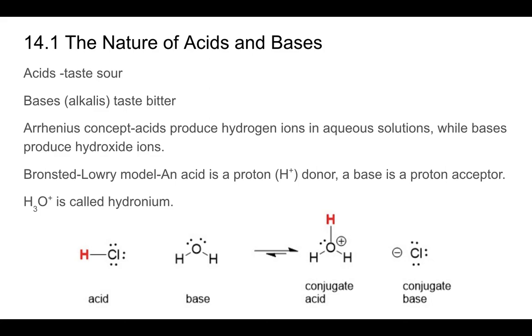Now, if we look at a more chemical definition for acids and bases, we could start with the Arrhenius concept. This is the oldest, or one of the oldest, ideas of how to define acids. Of course, at one point, acids were defined as things that contain oxygen, which wasn't very accurate. But the Arrhenius concept is actually a fairly useful concept for acids and bases.